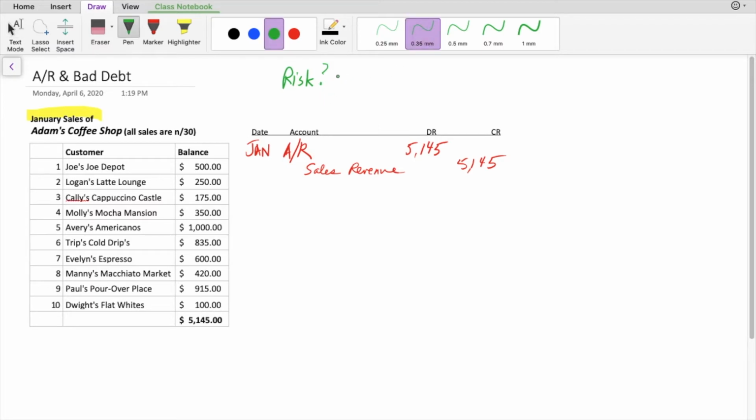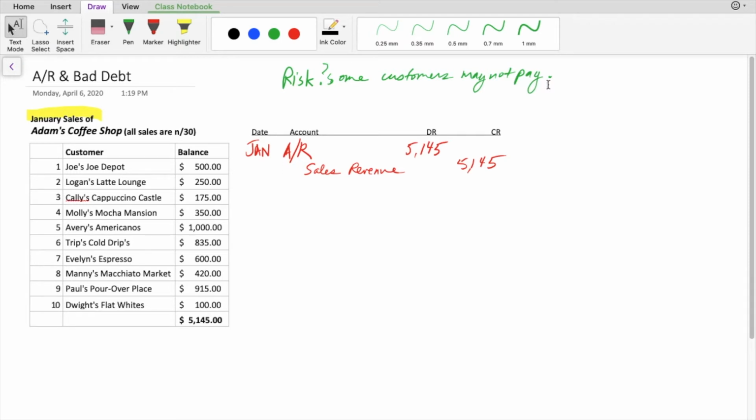The risk that I run is that some customers may not pay. Right? Some of my customers may not pay me what they owe me, and they've taken my stuff. So I'm running a risk in doing this.